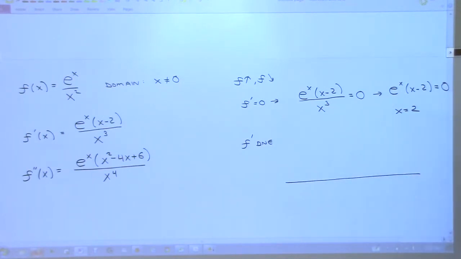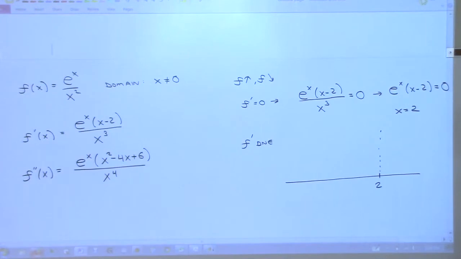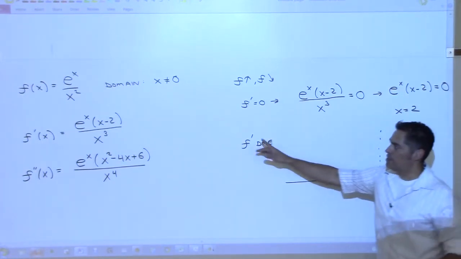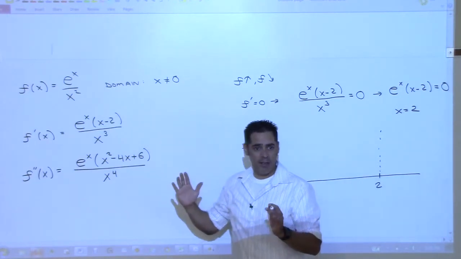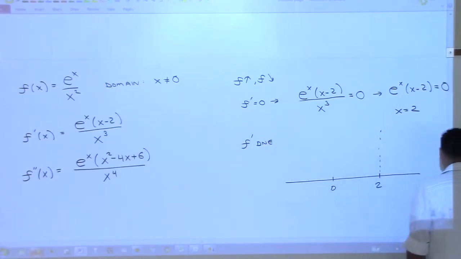What should I put on this number line? Yes? What was my critical number? What did I get from this? 2. So 2 definitely goes here, right? It's going to break up my number line like that. But 0 also needs to go here. Not because of this, but because 0 is not a point in my domain, right? So this point right here, my function is undefined here.